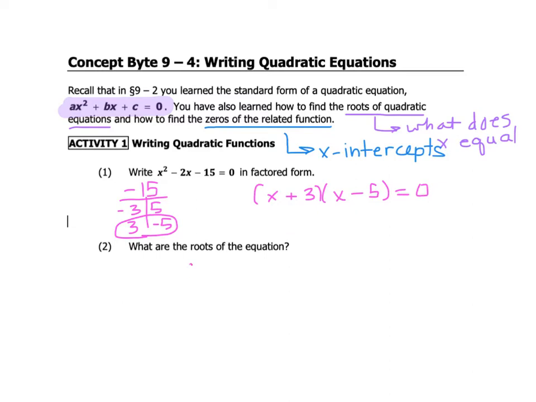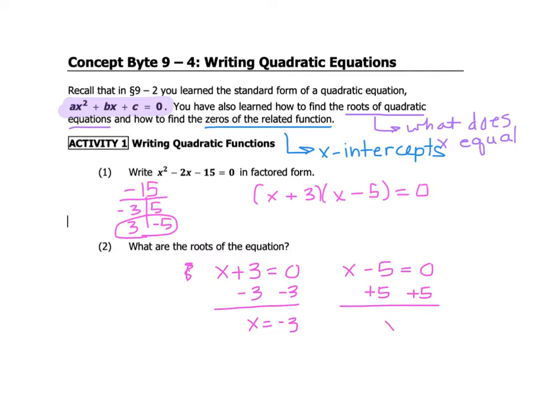For number 2, I have x plus 3 equals 0 and x minus 5 equals 0. If I subtract 3 from both sides, I get x equals negative 3, and if I add 5 to both sides, I get x equals 5. These are the roots of the equation.